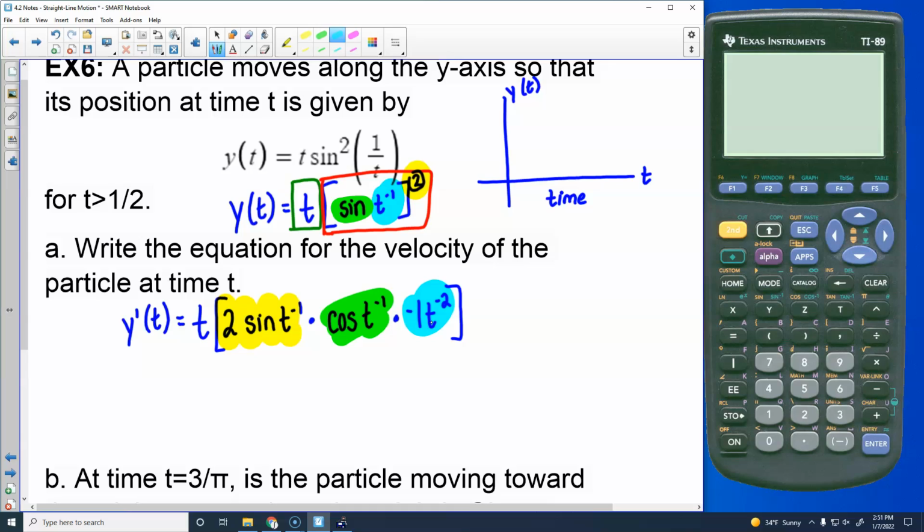It's a triple chain. And we're not done, because we haven't even finished product rule. So plus sine of t to the negative 1 squared times the derivative of t, which is 1.